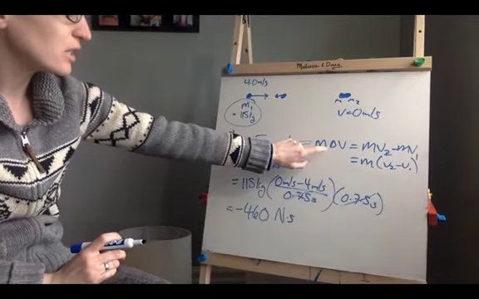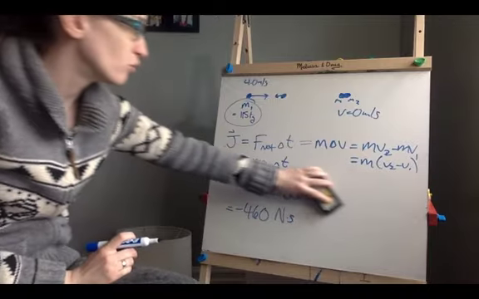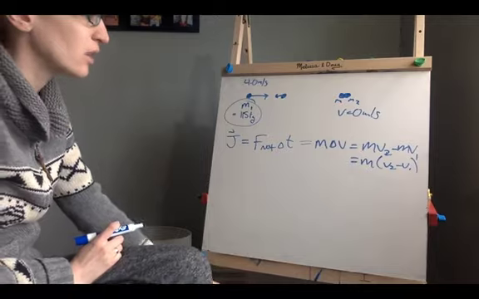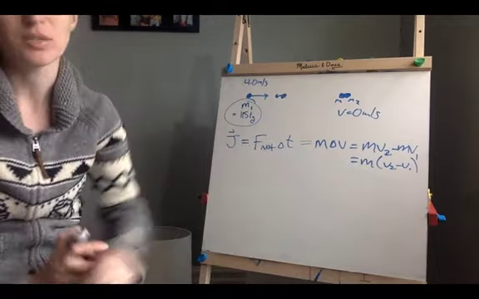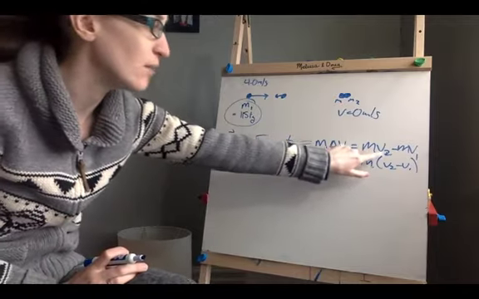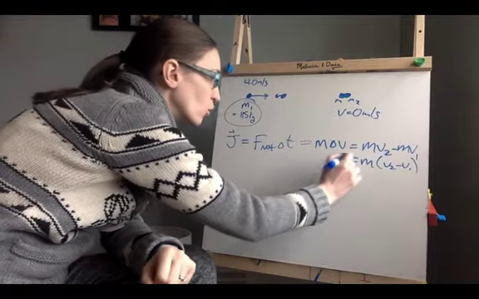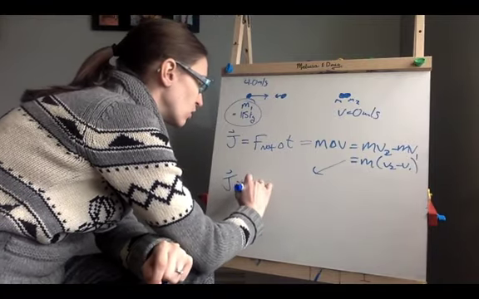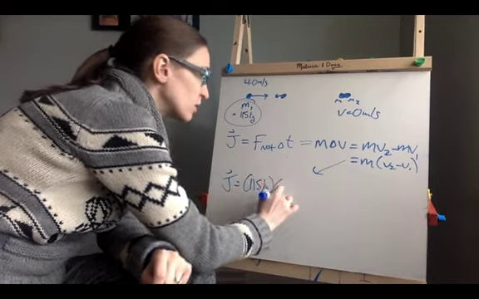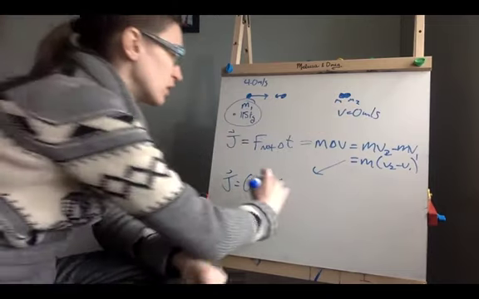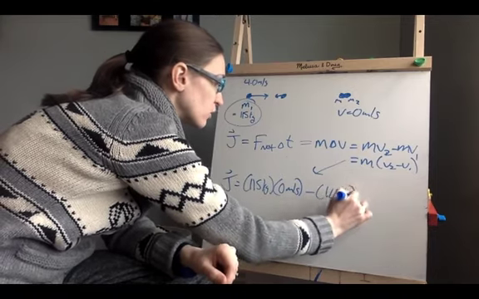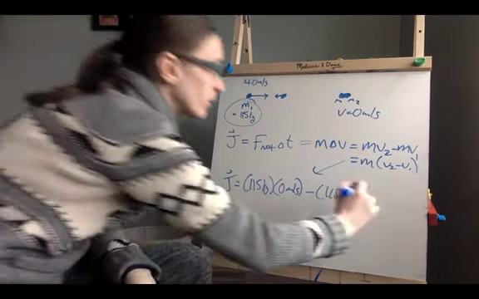Now, if we instead just used this formula right off the bat and didn't worry about trying to find force, and said it's just mass times the change in velocity, or mv2 minus mv1, my impulse is going to equal my 115 kilograms times my final velocity of 0, minus my mass of 115 kilograms times my initial velocity of 4 meters per second.